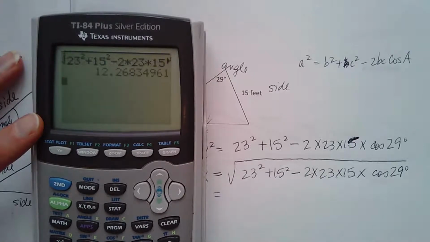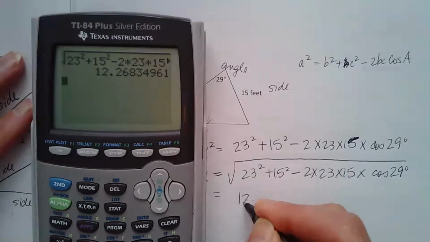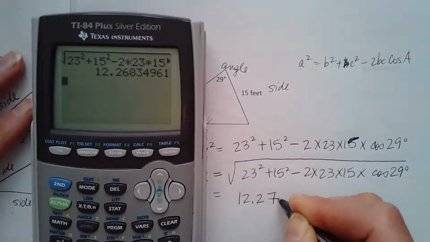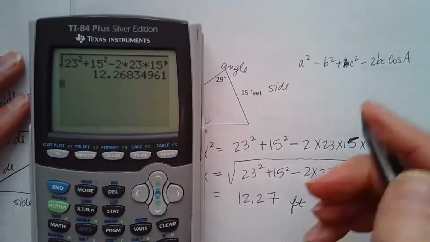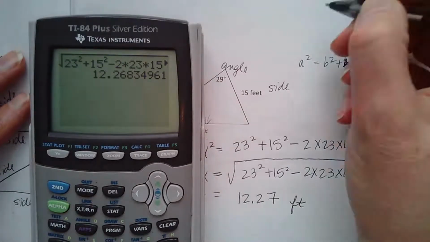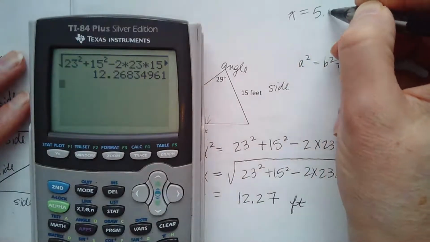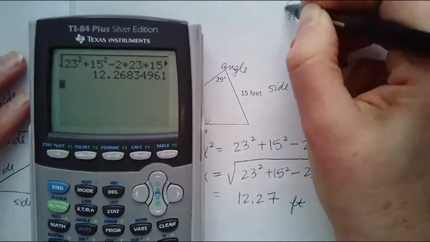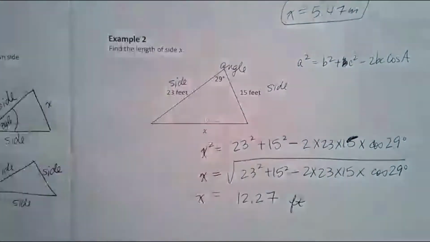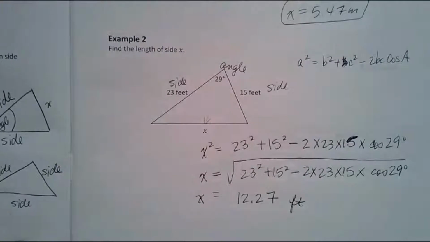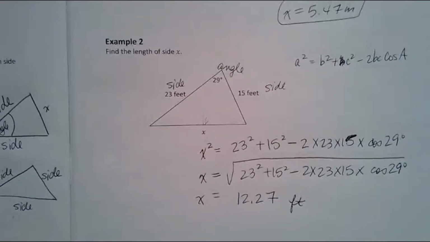And that's going to be equal to 12.27 feet. I guess this was meters. Okay, so that's the law of cosines for solving for a side.